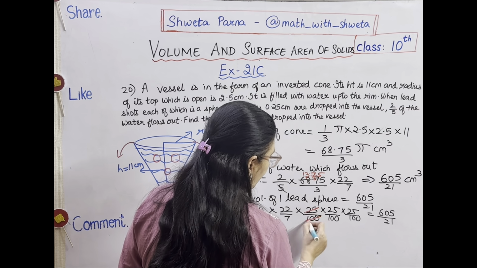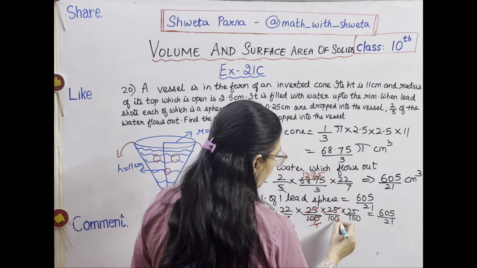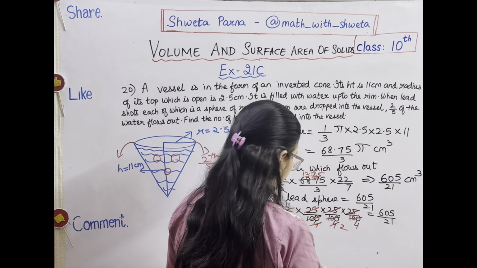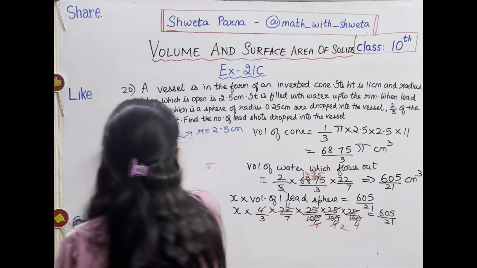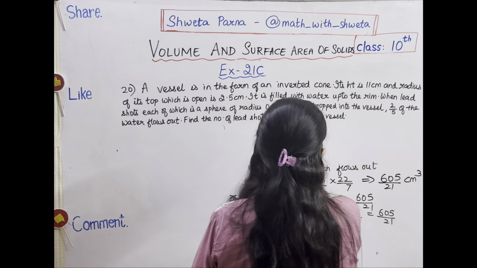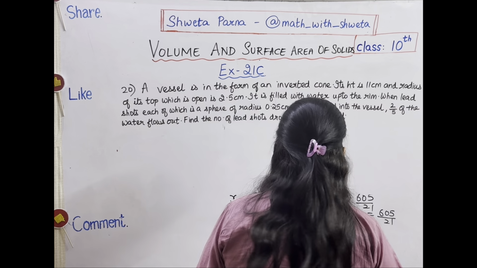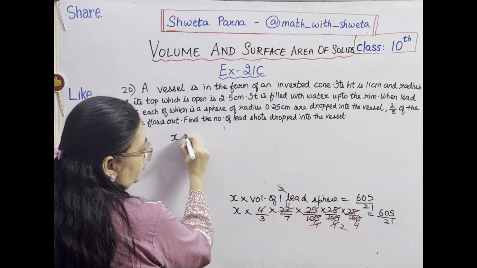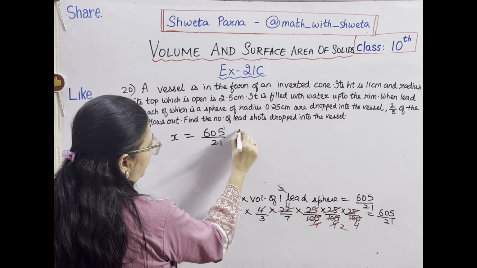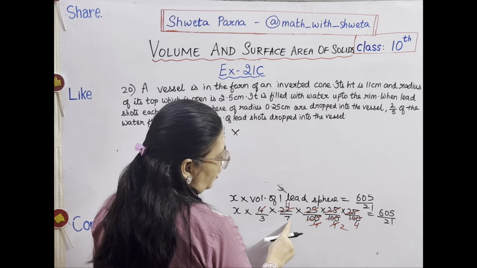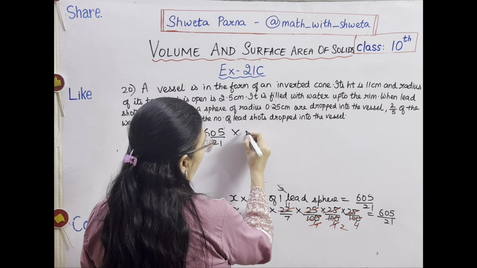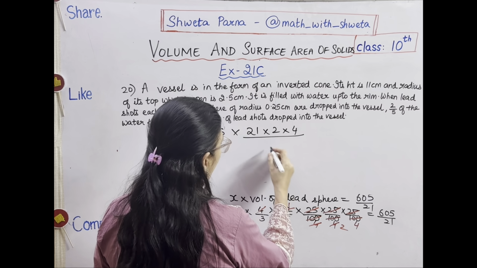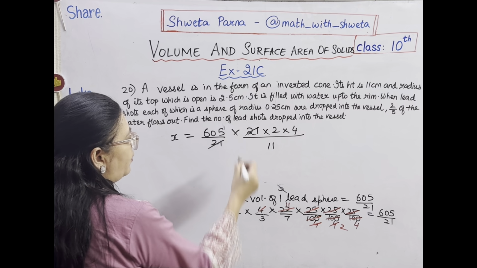Let's solve it. The 4s cancel. So x is equal to 605 upon 21 into 3 sevens are 21, so 21 into 2 into 4 upon 11, only 11 is left in the numerator. 21 gets cancelled.